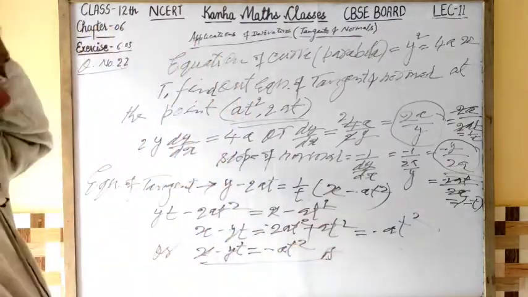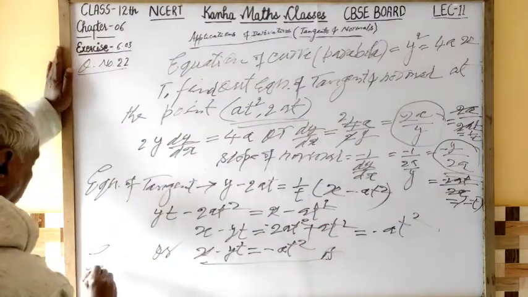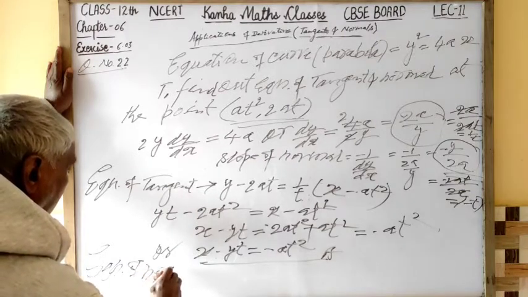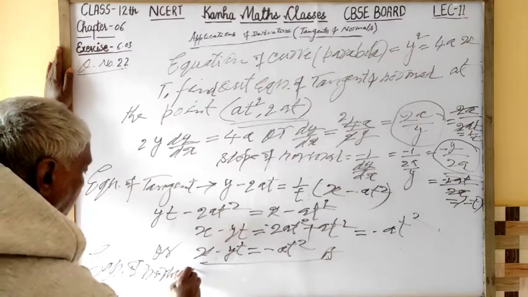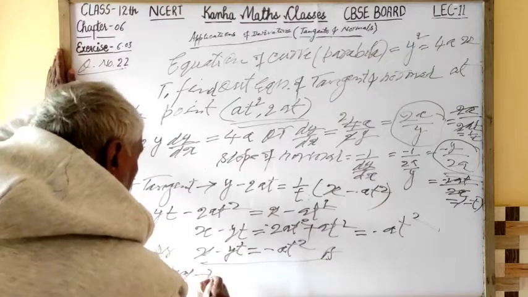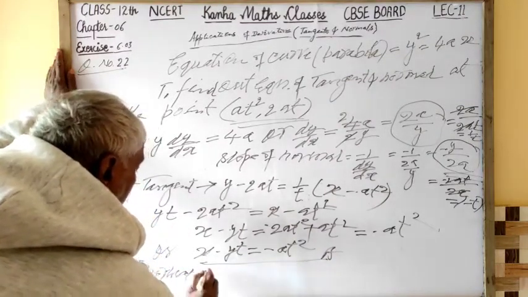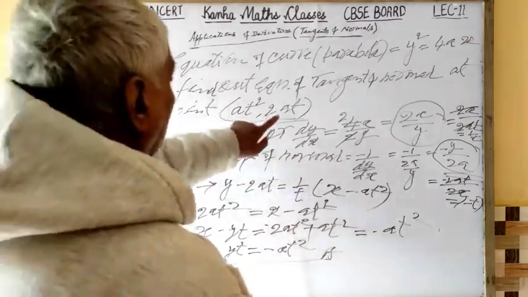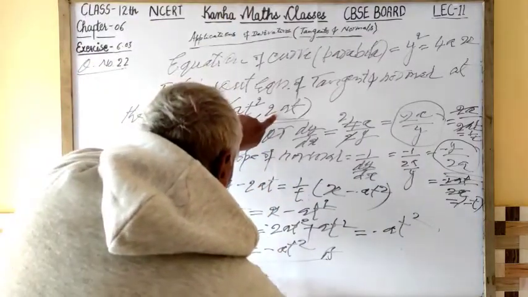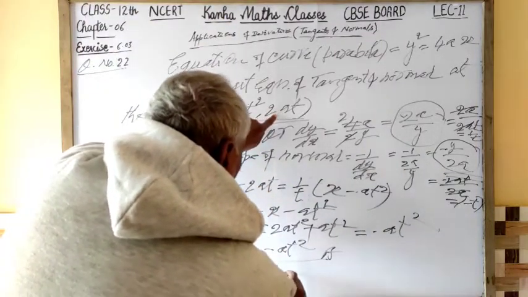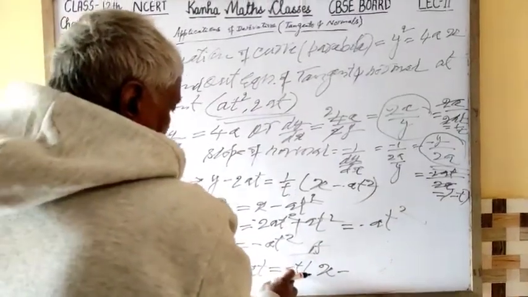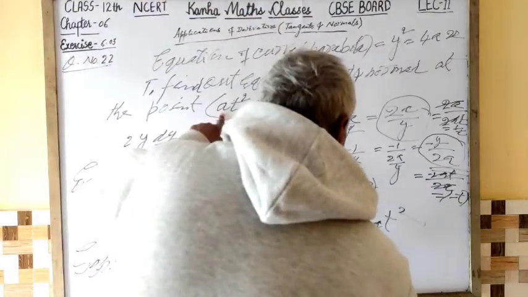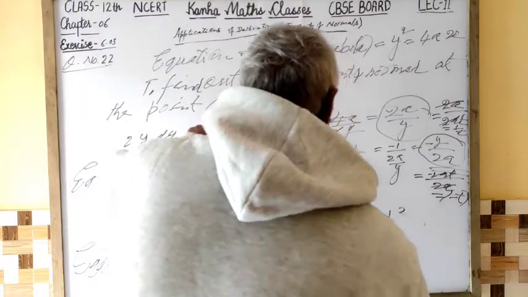But what about the equation of normal? Equation of normal is y minus y1, this is 2at, and this is equal to the slope of the normal times x minus x1, that is at square.